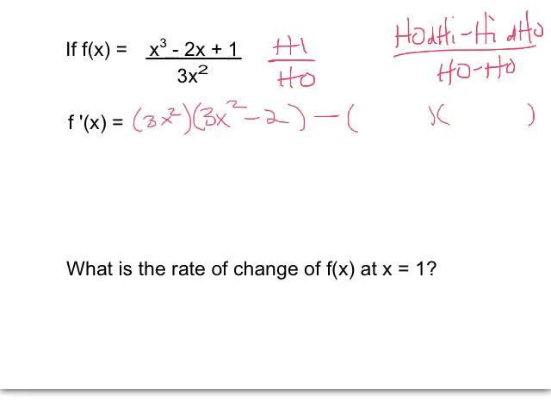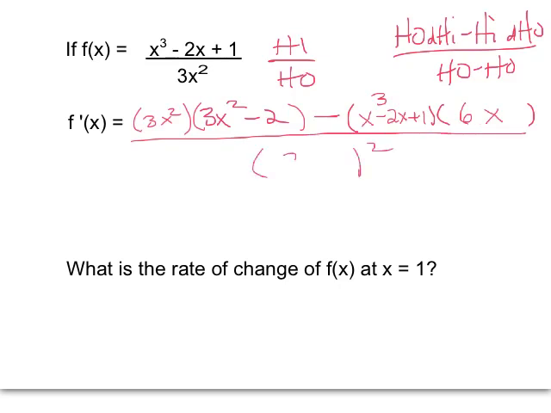High untouched, we have x to the third minus 2x plus 1, and then right at the end here we put the derivative of the bottom, 6x, all over the denominator squared, and the denominator is 3x squared, sorry.